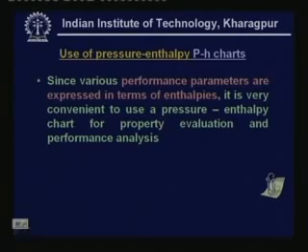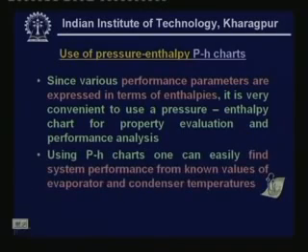It is very widely used in refrigeration cycle analysis, because you can straight away calculate the required performance parameters. Since various performance parameters are expressed in terms of enthalpies, it is very convenient to use a pressure enthalpy chart for property evaluation and performance analysis. Using pH charts, one can easily find system performance from known values of evaporator and condenser temperatures.